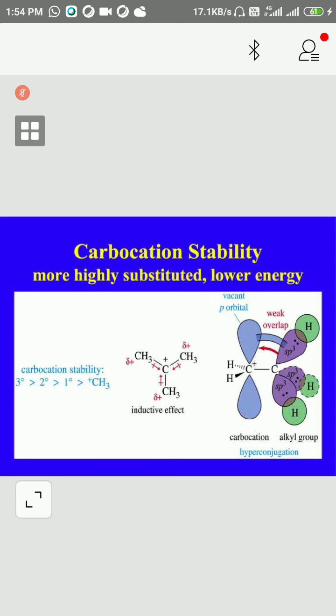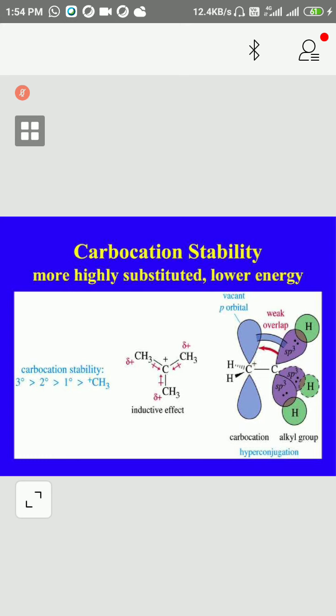Carbocation stability: you know the order is tertiary, secondary, primary, and methyl. That's why SN1 will be preferred for the tertiary carbocation. Because how is it more stable? This is CH3, CH3, CH3. This is C plus.